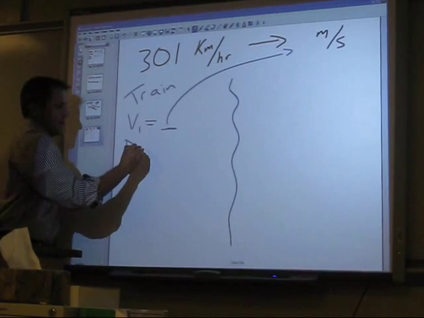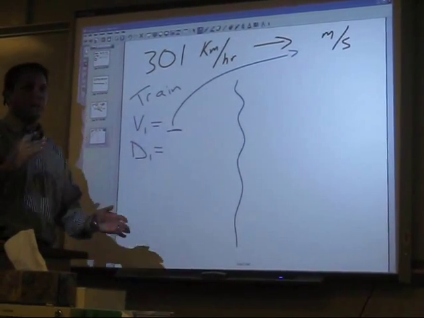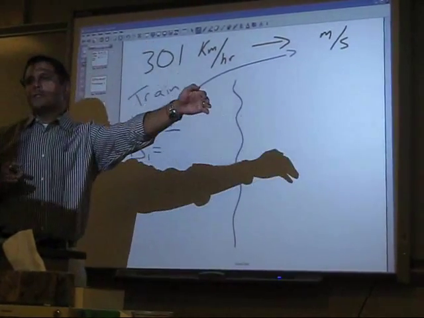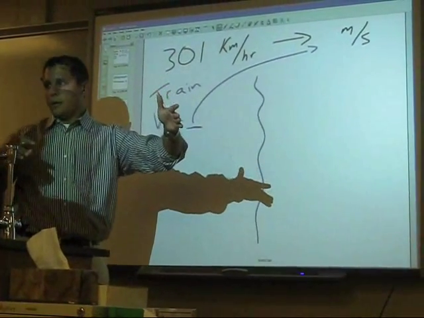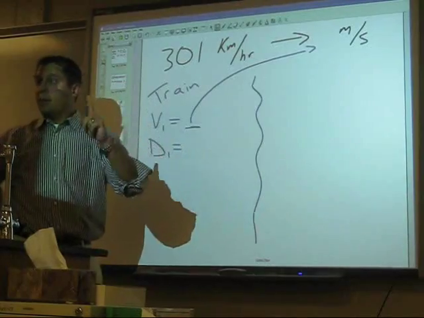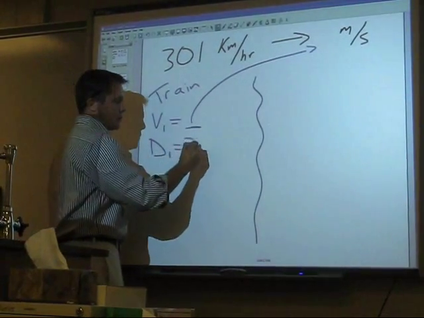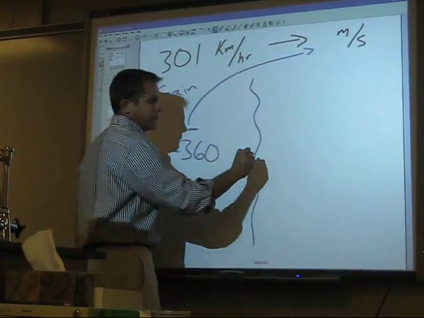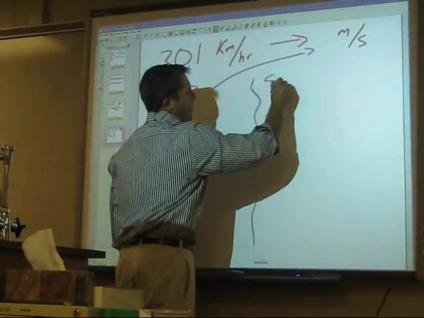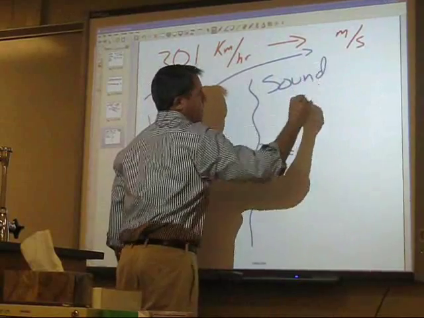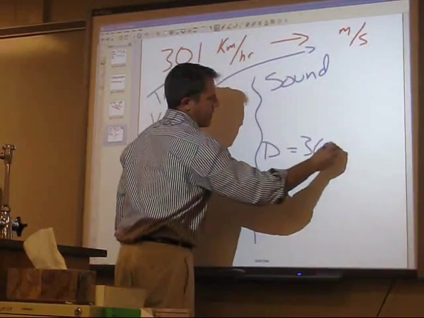You have a displacement. Both of them have the same displacement. They're saying, once the sound reaches that point, how much longer until you hear the train? So they both have the same displacement. The displacement of the train will be 360 meters. The displacement of the sound is going to be 360 meters also.